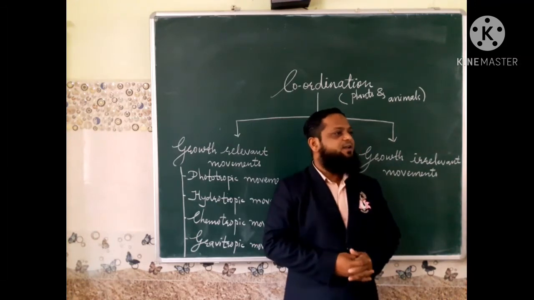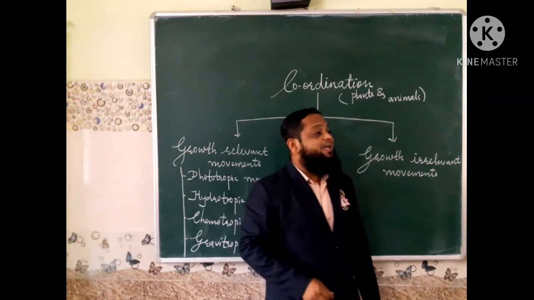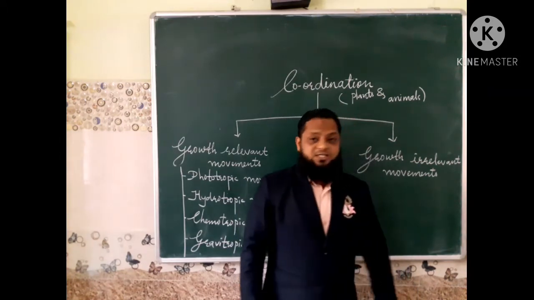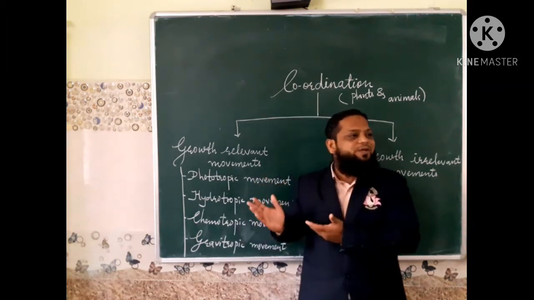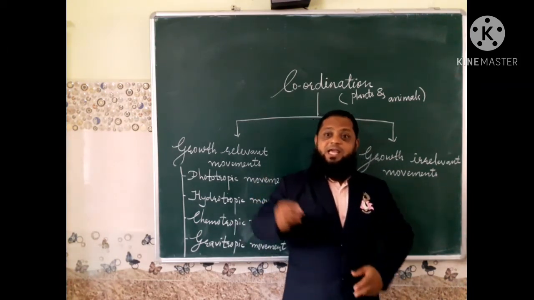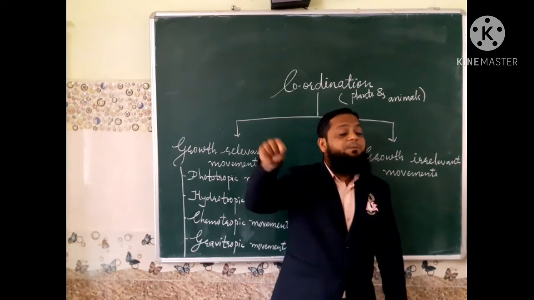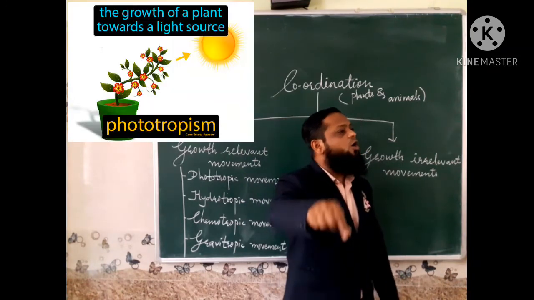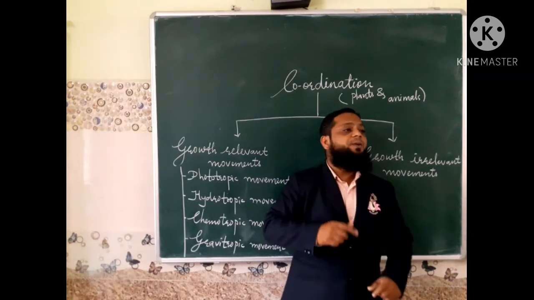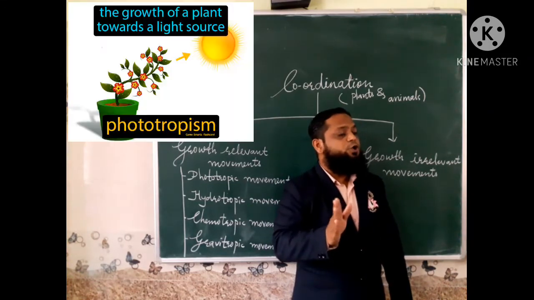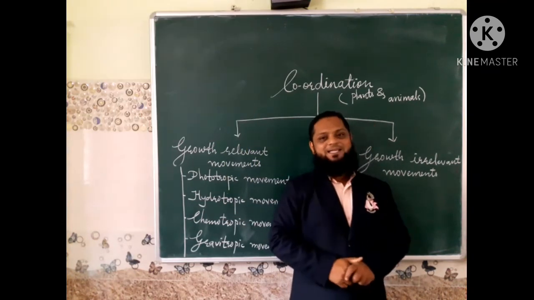My dear children, in this case, sunlight acts as the stimulus. At night, the plant cannot show this movement. During the daytime, when sunlight falls on the leaves or plant body, you may observe that the plant starts to show growth towards the sunlight.